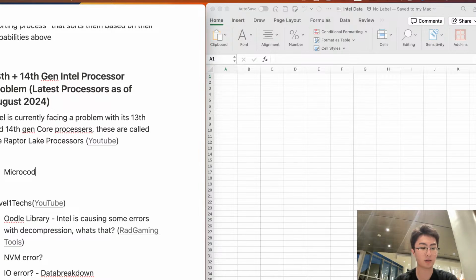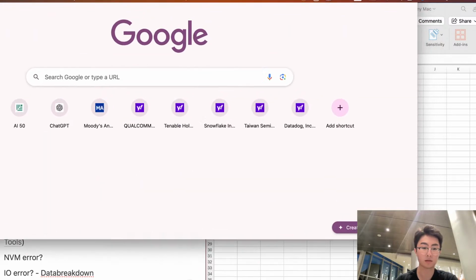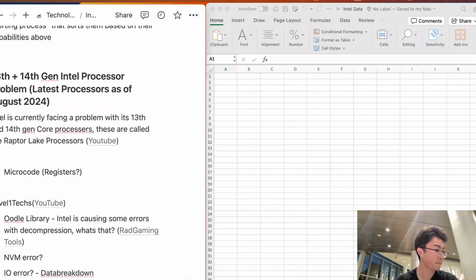Microcode registers. Microcode. Okay, so let's see.